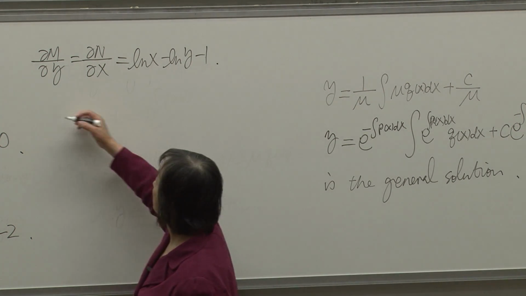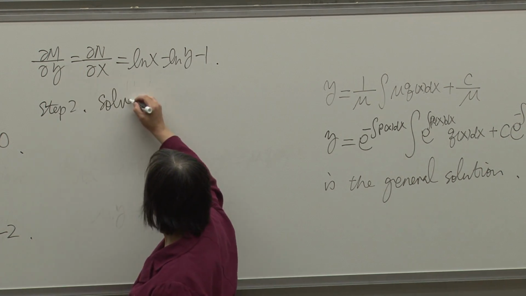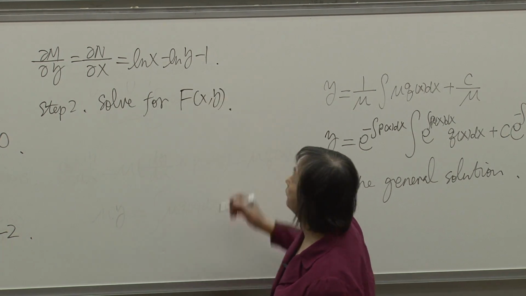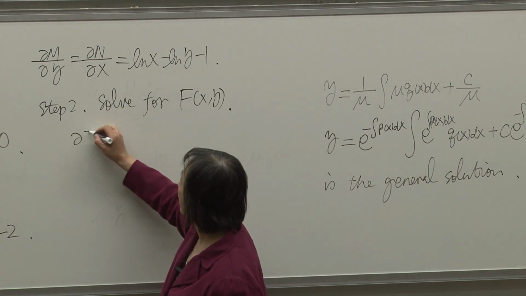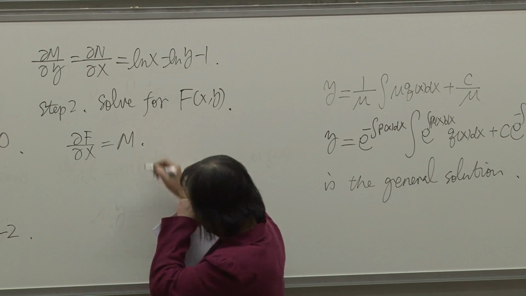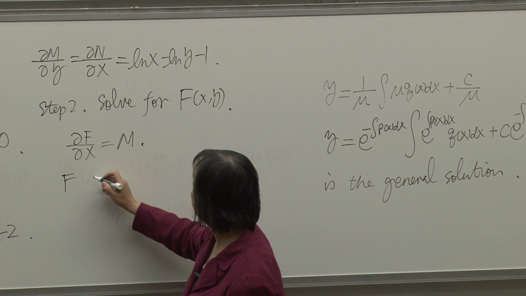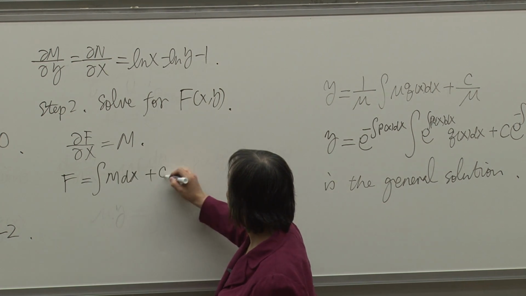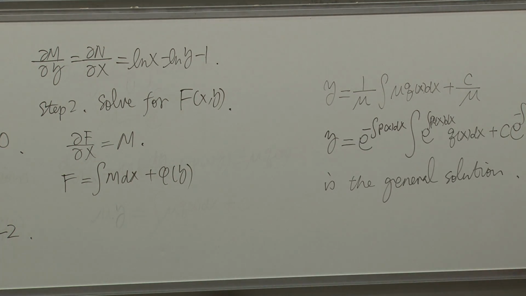So the second step, we need to solve for the function capital F of x, y. We know that the derivative of f with respect to x equals m. So f itself must be the integral of m with respect to x plus a function depending only on y.